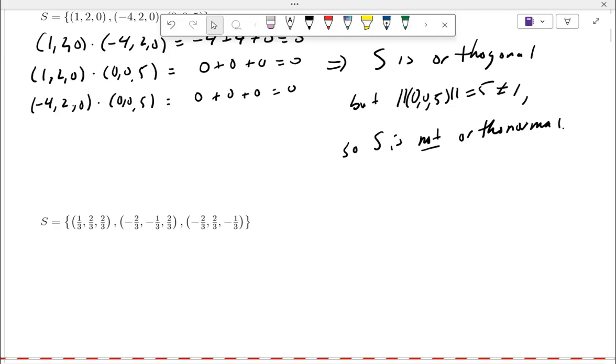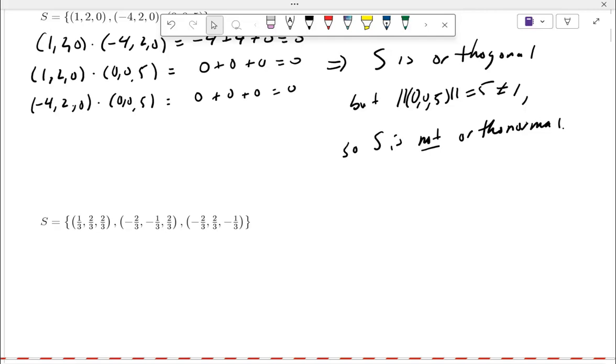They're all going to have the same length, because there's one component with a 1/3 and two components with 2/3. Remember, when you're doing your lengths in the Euclidean sense, you square each of the components, so the negatives don't matter. So these will have exactly the same lengths. If I do one length, I did them all.